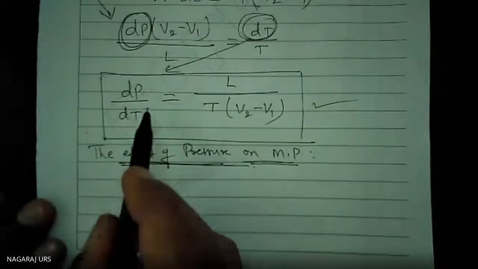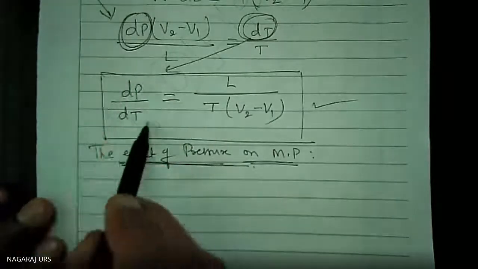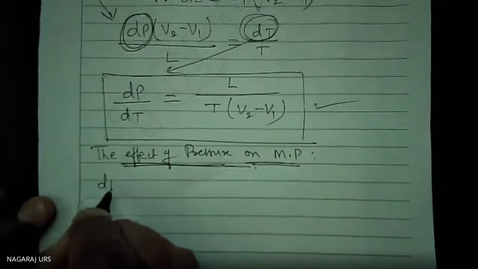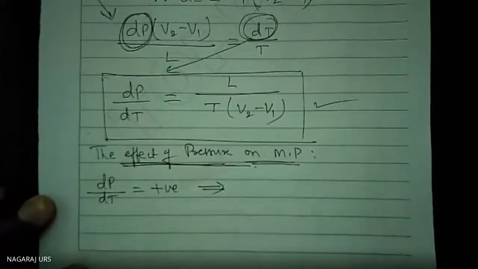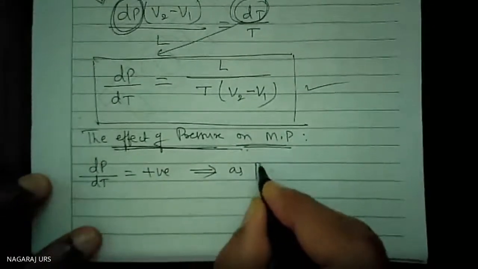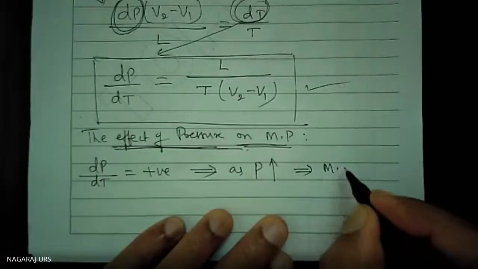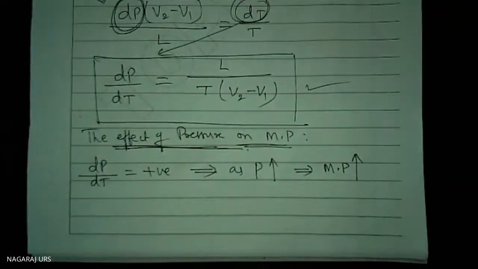Okay, so the formula is written here only. It's all depending upon dp by dt. Is it positive or negative? So the major idea is, if dp divided by dt is positive, it implies as pressure increases, melting point also increases.